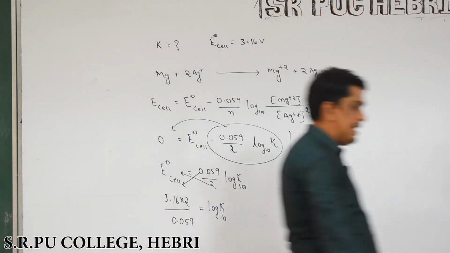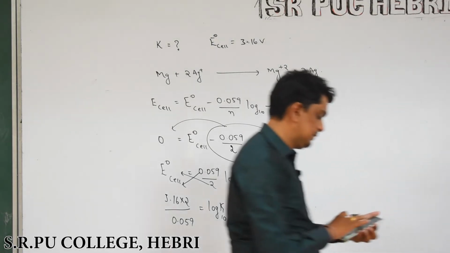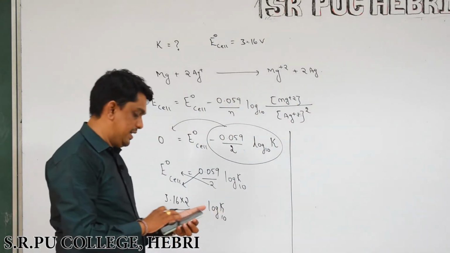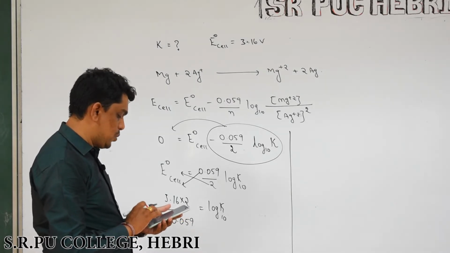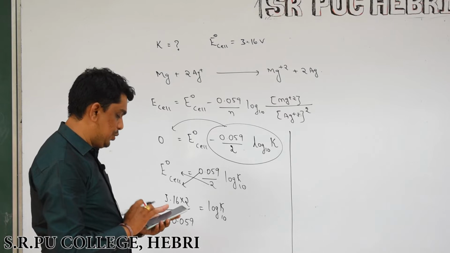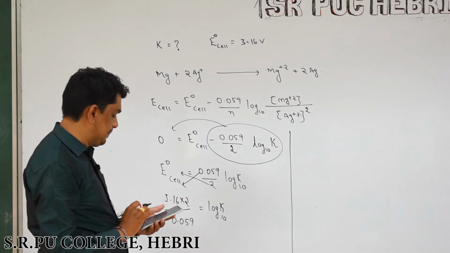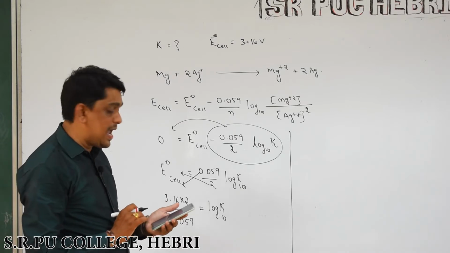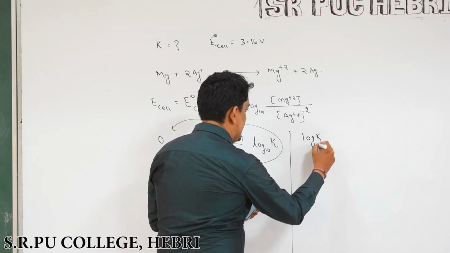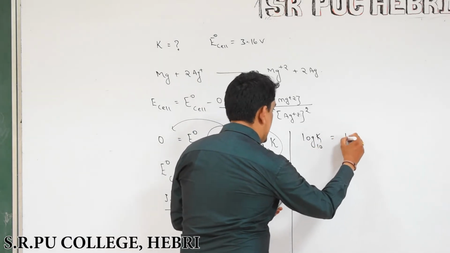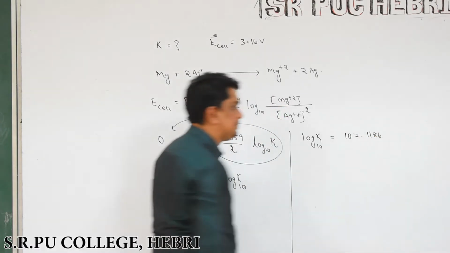So let me take the calculator. So let me take values. 3.16 into 2 divided by 0.059. So the answer I am getting here, log K to the base 10, the value is 107.1186.